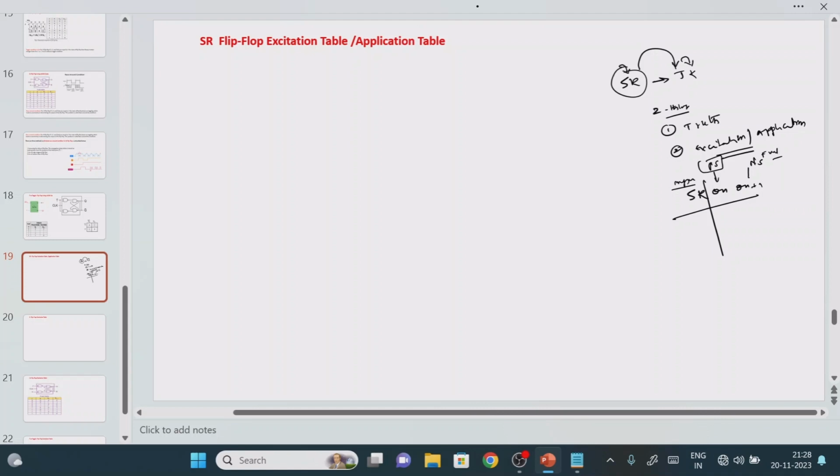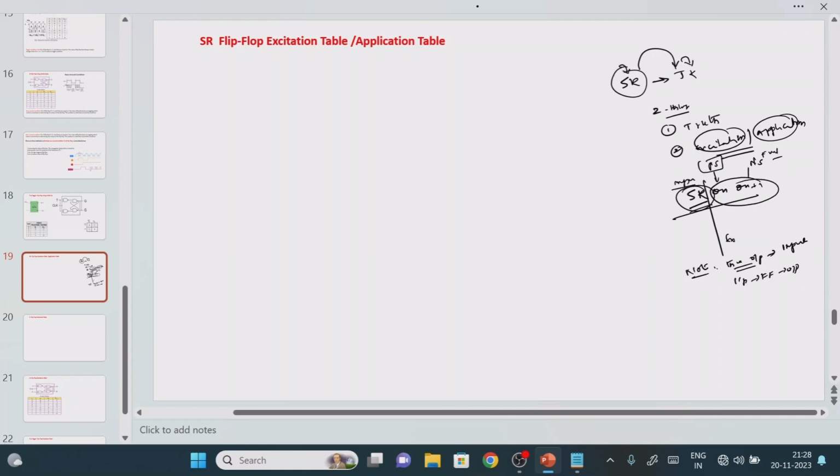Now if you consider the excitation table or application table, one more point to remember is that the outputs of the flip-flops are used as the inputs, and the inputs of the flip-flops are used as the outputs. For example, for the SR flip-flop, inputs are S and R, and the output is Qn plus 1.